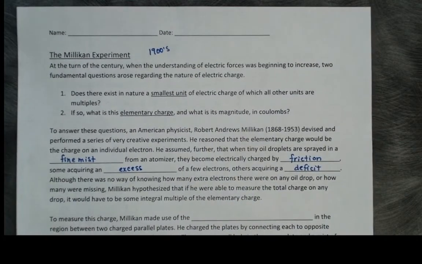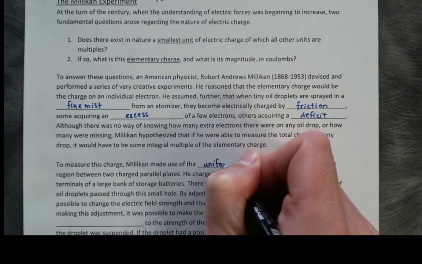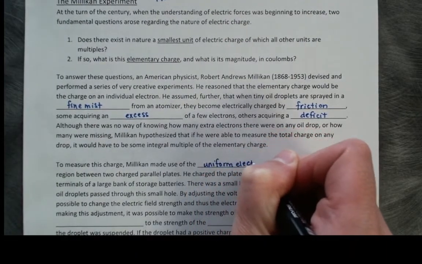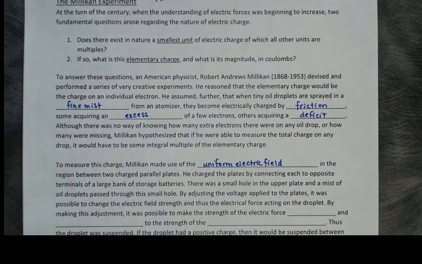So there was no way to know how many electrons were going to stick to oil because electrons, of course, are so small we can't even see them with a microscope. But he thought if he could measure the total charge, it would have to be a multiple of that base charge that existed. So he used a uniform electric field that was created between two parallel charged plates, and he charged the plates with batteries.